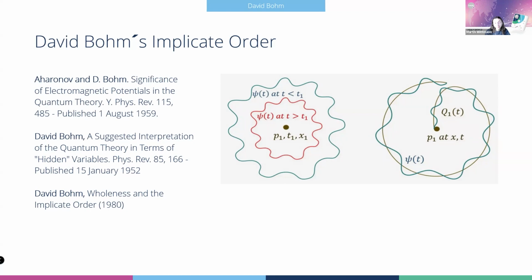But David Bohm said, maybe we have a different interpretation. If you have a particle, it moves on a certain wave along the universe. And if you observe it, you see the particle at a certain point on this wave.